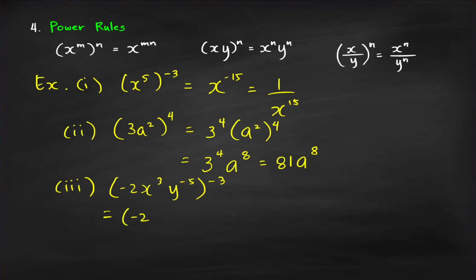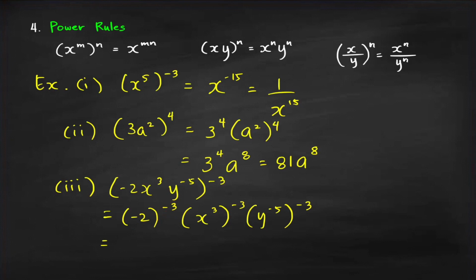So we'll get -2 raised to -3, and then x cubed raised to -3, y raised to -5 raised to -3. And we apply the first power rule for the second factor and the third factor here, because x is raised to 3 and then again raised to -3, and y is raised to -5 and raised to -3. So to simplify this first factor, -2 raised to -3, we have here a negative exponent.